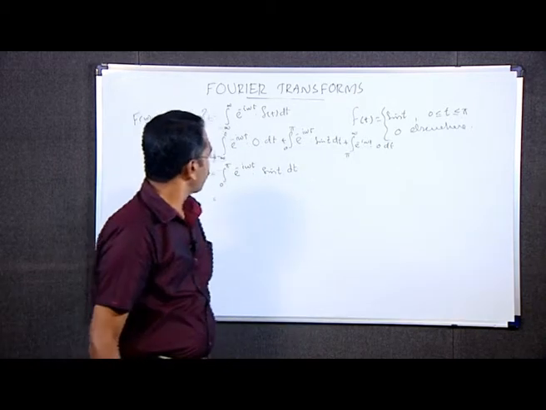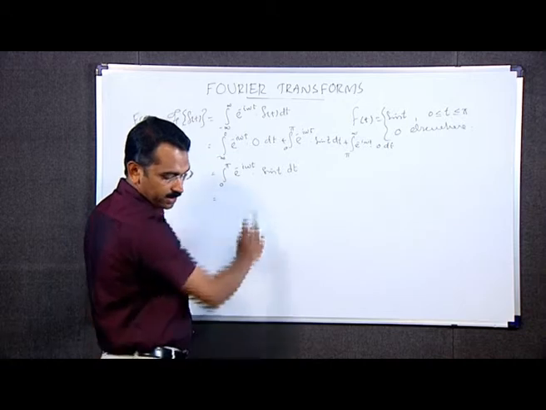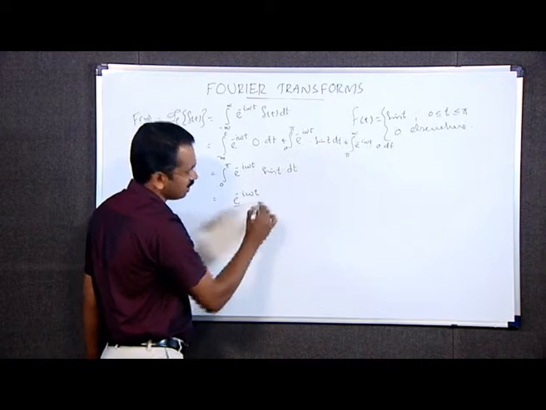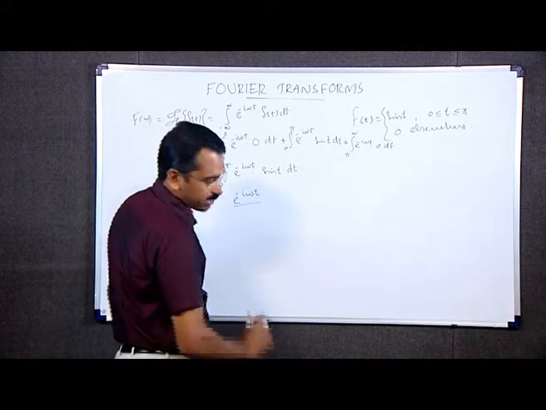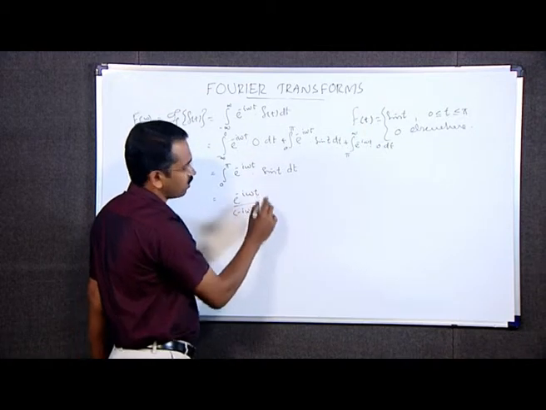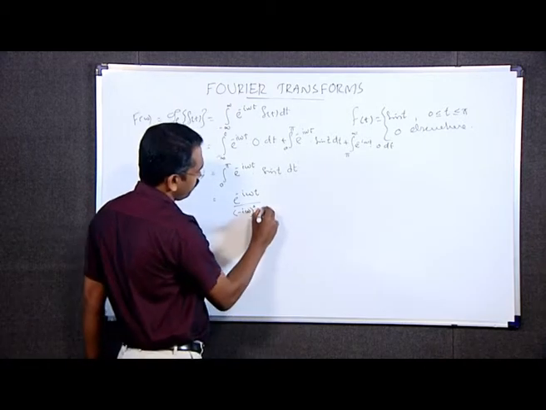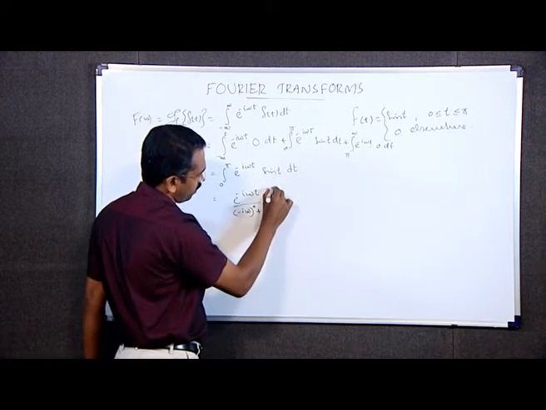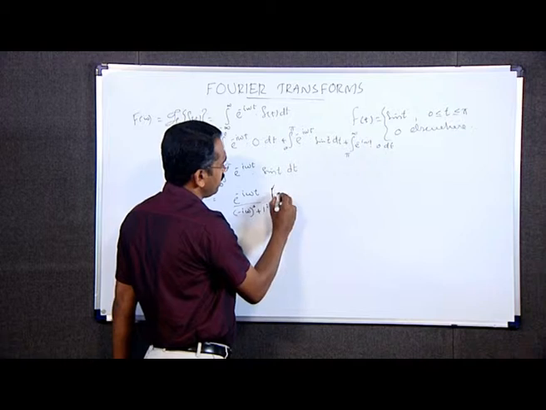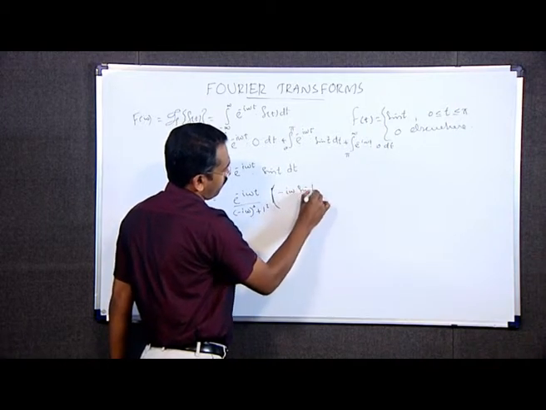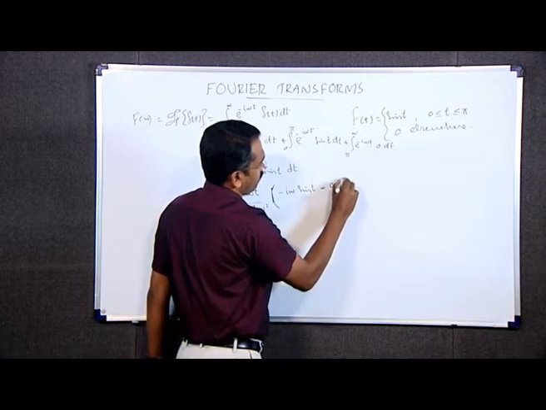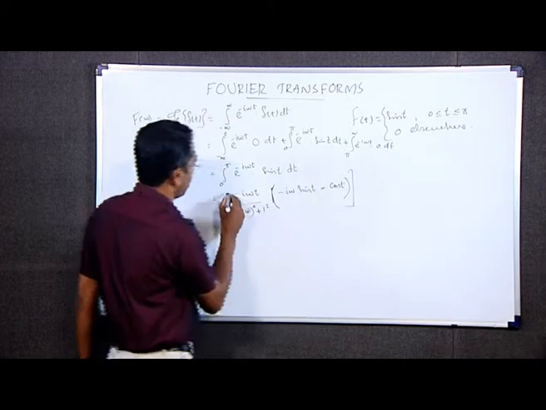That is equal to e raised to minus i omega t divided by (minus i omega) square plus 1 square, into (minus i omega sin t minus cos t), between the limits 0 and pi.